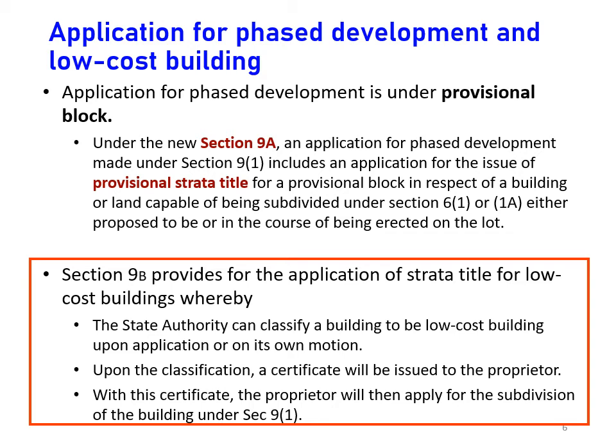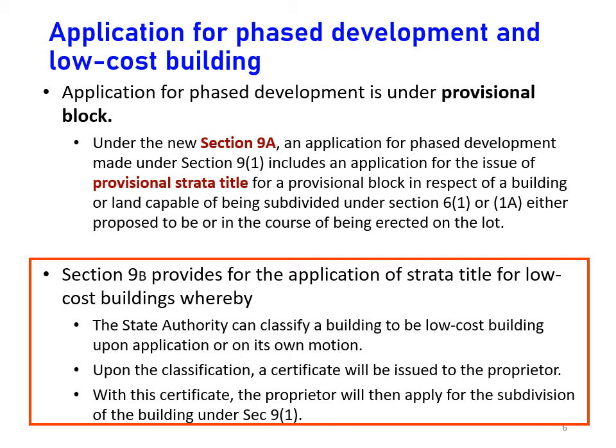Certificate is perakuan bangunan kos rendah issued by the state authority. Then only using that certificate the proprietor applies for the subdivision of the building. This will classify the building as low cost building. Understand, yeah? Anybody who doesn't understand, feel free to WhatsApp me. Anytime. Not anytime, daytime.